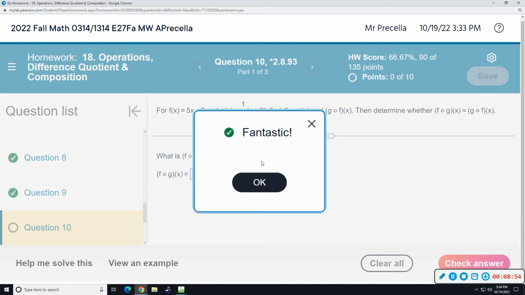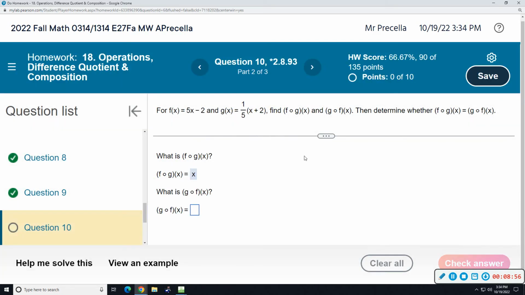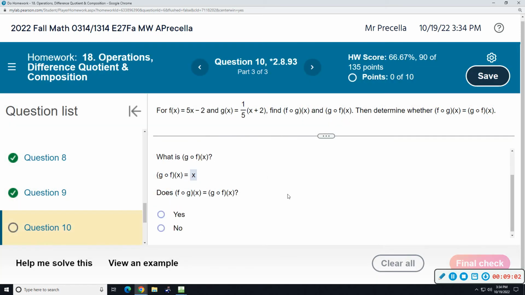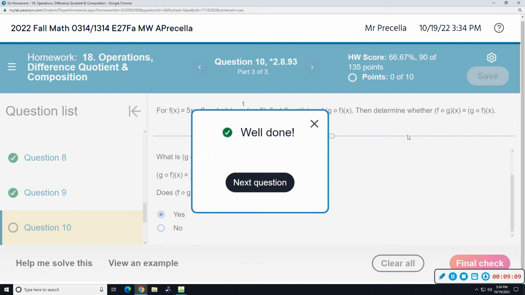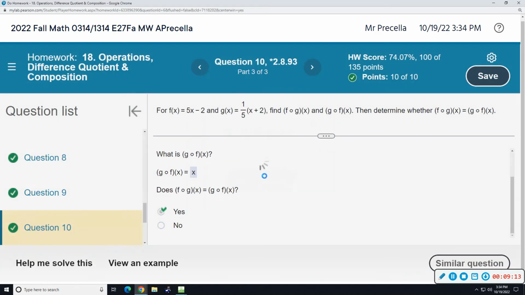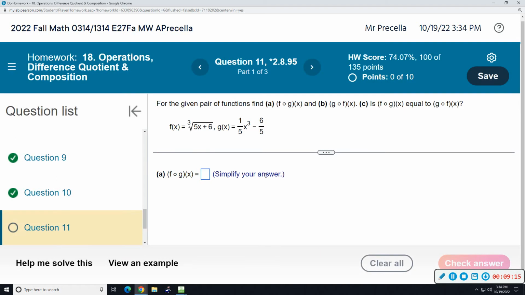And y'all will say, yes, y'all remember them. And I'll say, oh, good. And are they equal in this case? Yes, they are. One more. Number 11.